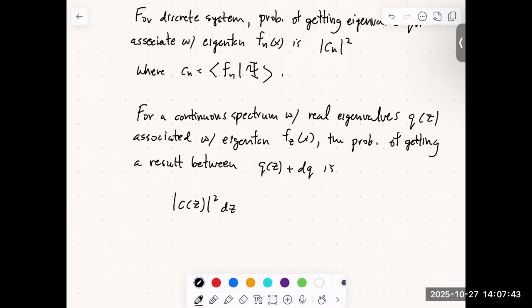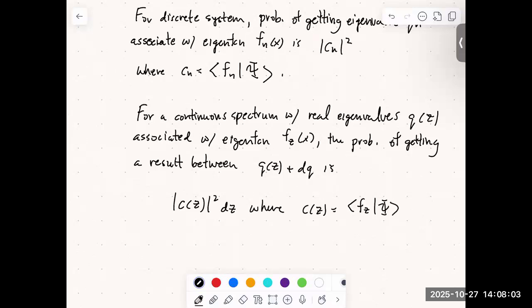So we're going to get a momentum between some value p and p plus dp, something like that, where the Cz is again given by the same kind of inner product.